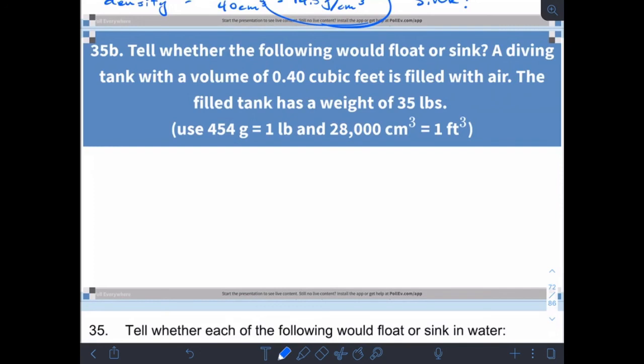We need to find the density in terms of grams per cubic centimeter, because that's what we know of water. So we're going to convert the mass first.